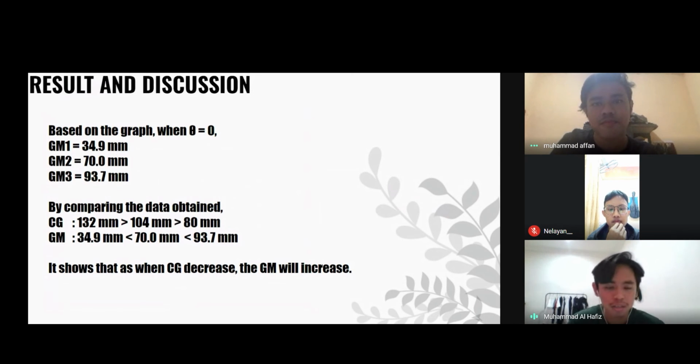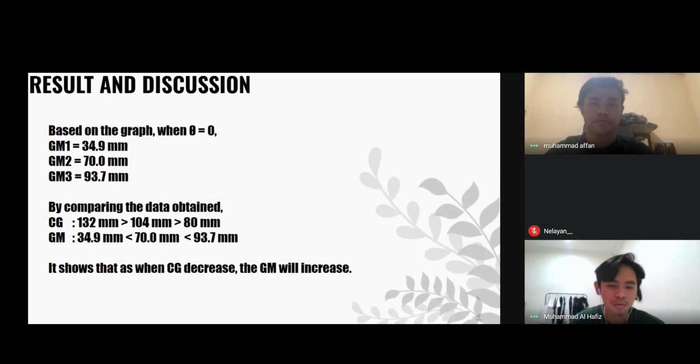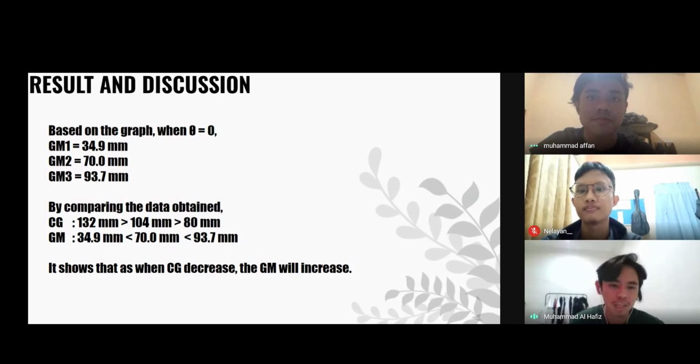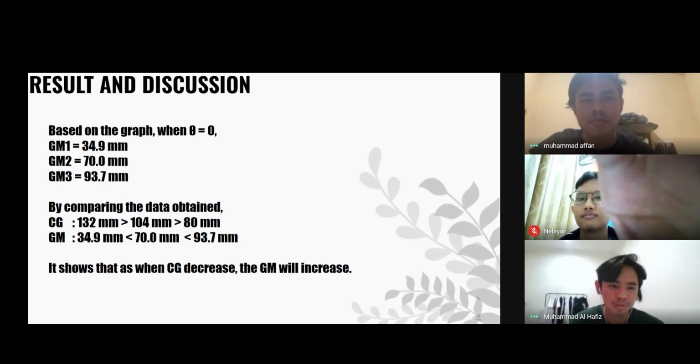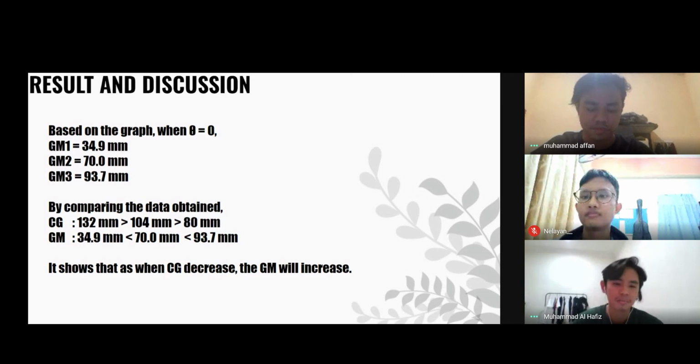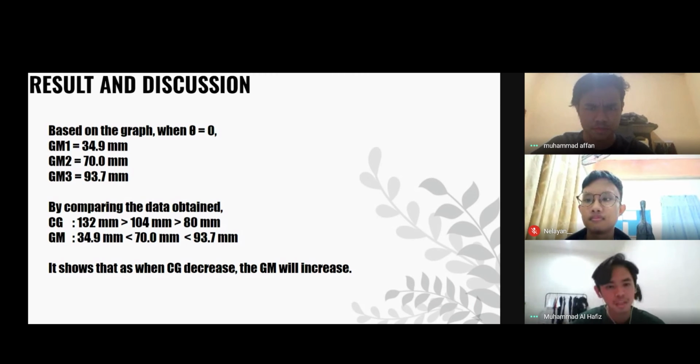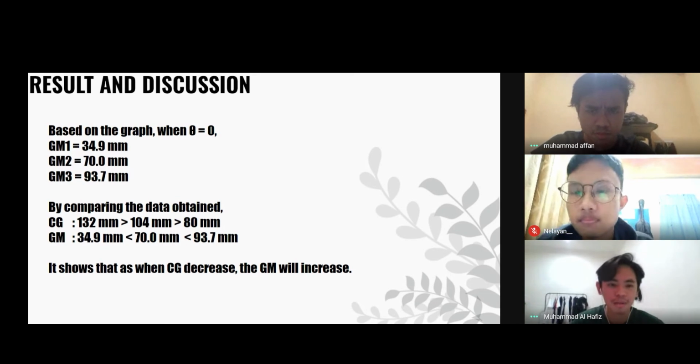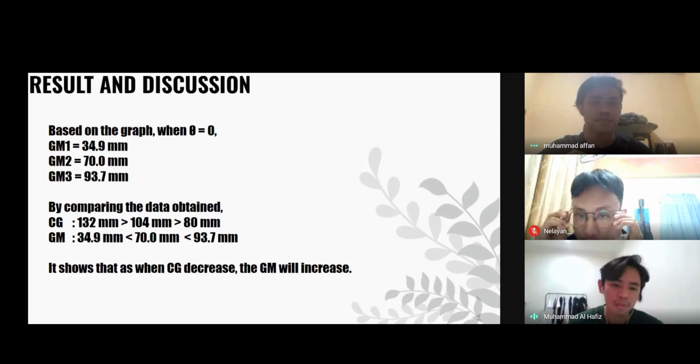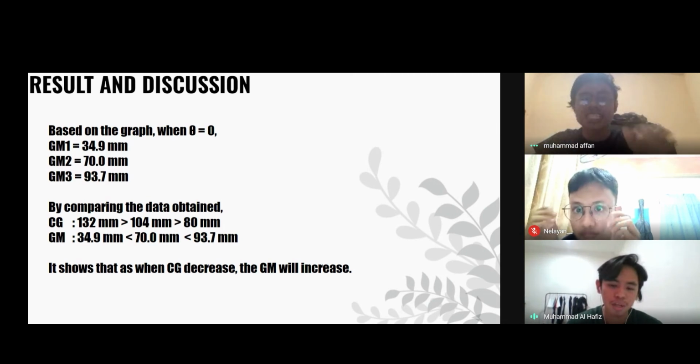So based on what Afan has said earlier, based on the graph, when theta is 0, the GM for test 1 is 34.9 millimeter. For test 2, the GM is 70 millimeter, and for test 3 the GM is 93.7 millimeter. By comparing the data obtained, as the CG decreases, the GM will increase.